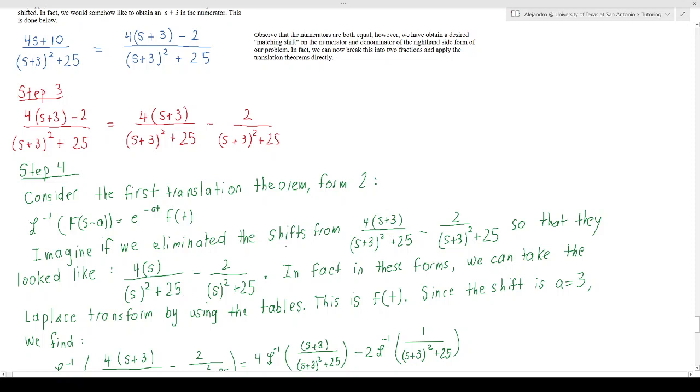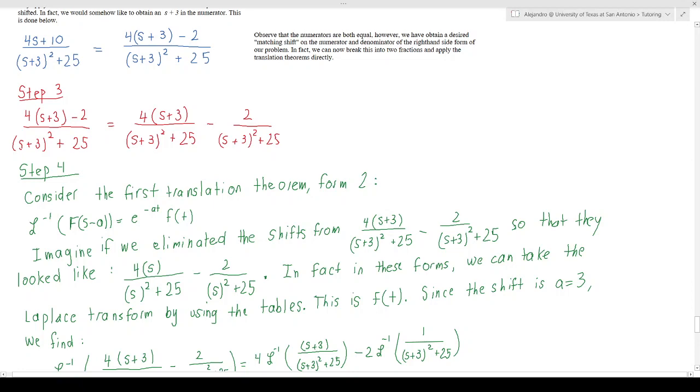Now, this is actually big F of s, because big F of s minus negative 3 is in fact this. So by eliminating the shift, we actually get big F of s by itself. And because form 2 tells us that the inverse Laplace of big F of s minus a is e raised to the at times f of t, we need f of t.